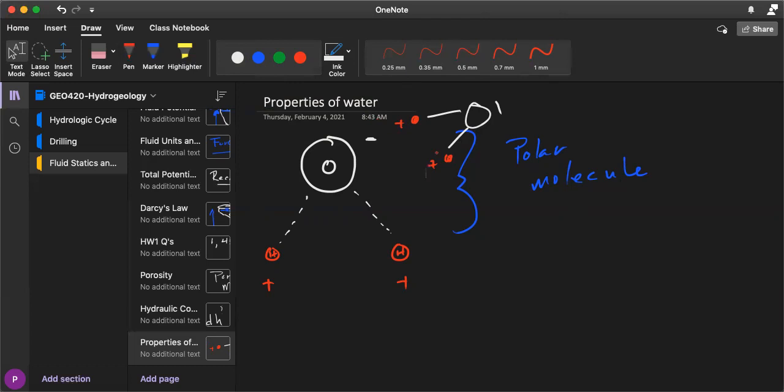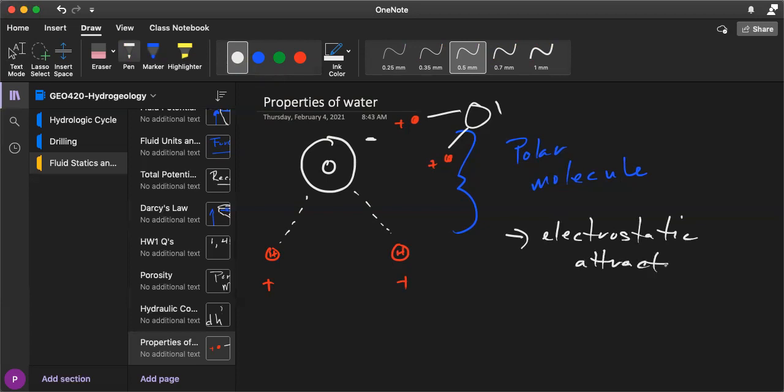All right, so because water is polar, the water molecules have an electrostatic attraction. That's important for us because it plays a role in two important properties. The first is viscosity. And then the second one that we'll talk about in just a second is capillarity.